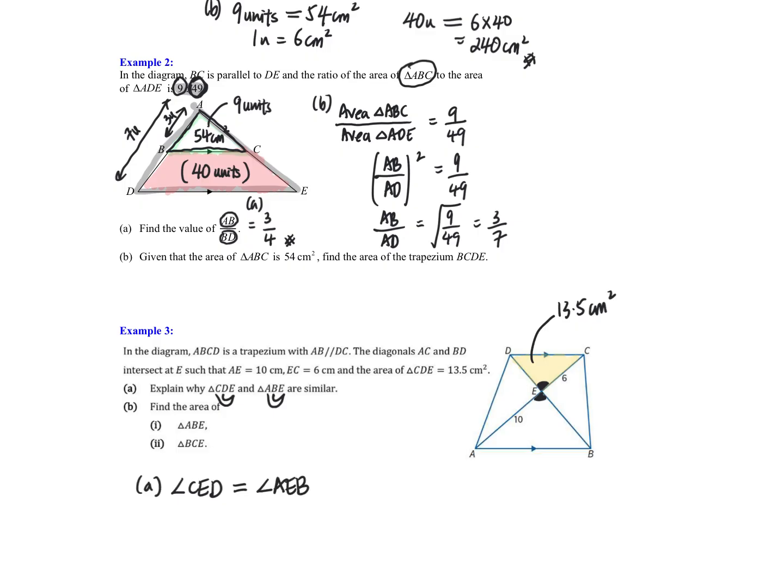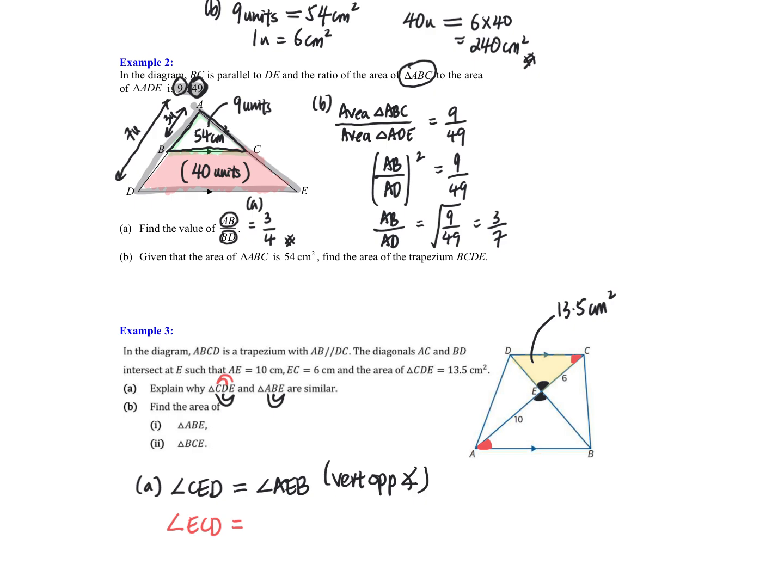Yes, but you only need to prove 2. So first thing you tell me this one same because of vertically opposite angles. Next pair you can pick is the alternate one. So you can write down. Let's say I want to call this angle ECD. So the order is important, right? So ECD.